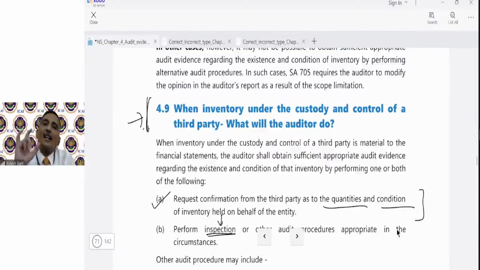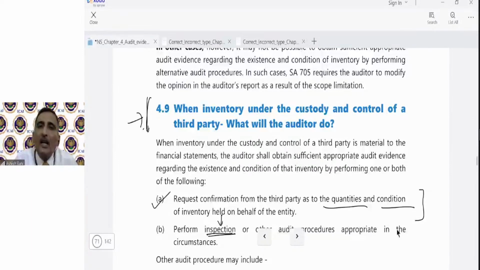So students, again, SA 501, as far as inventories are concerned, casts a duty upon the auditor to obtain sufficient appropriate audit evidence regarding existence and condition of inventories. So he has to attend the physical inventory counting process.